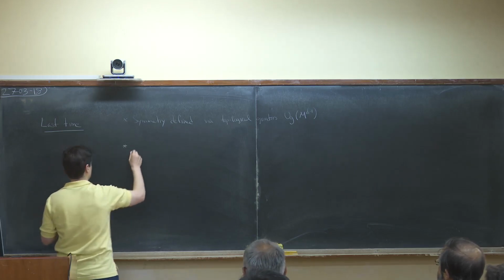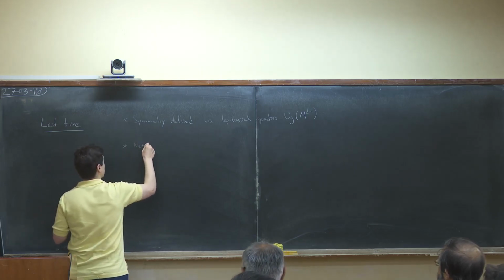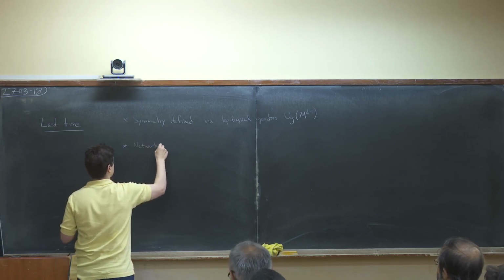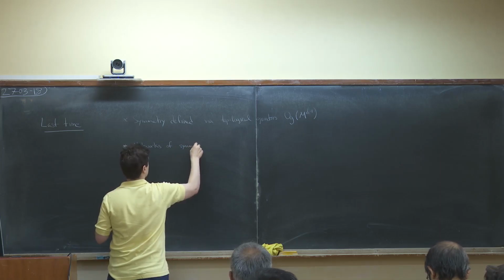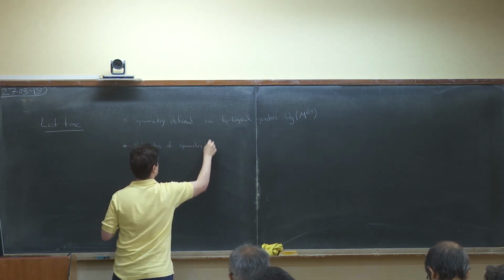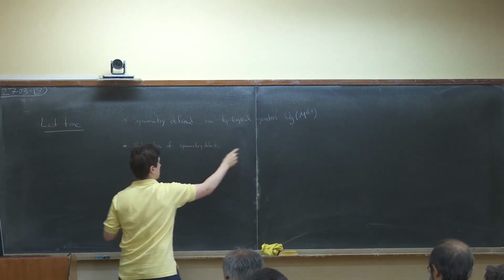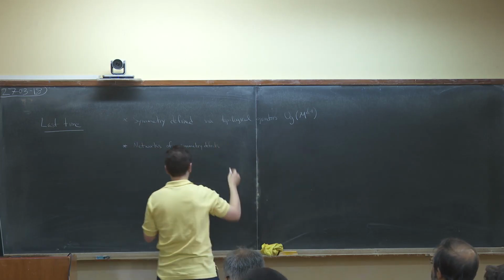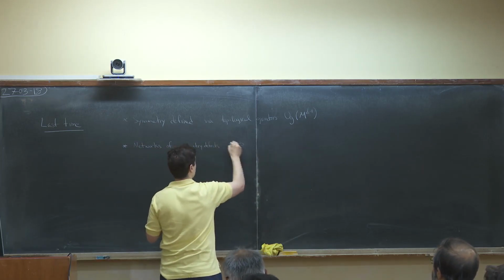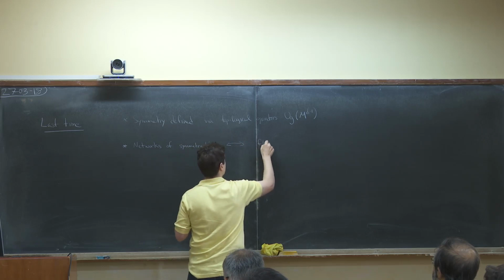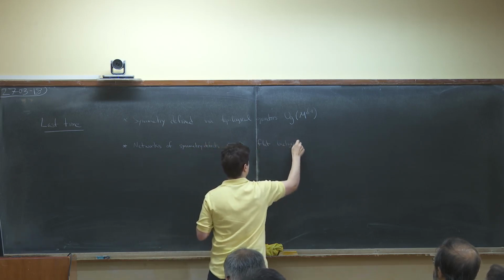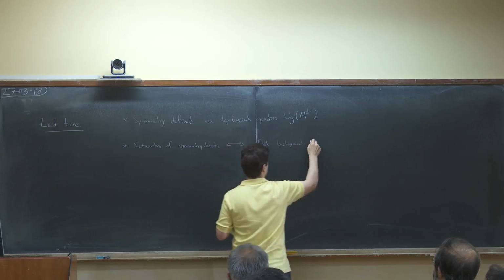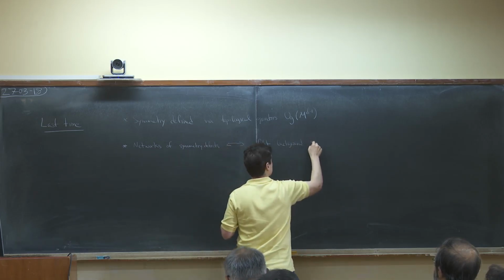And we also learned that networks of symmetry defects, these operators are called symmetry defects, was just the same thing as flat background gauge fields.